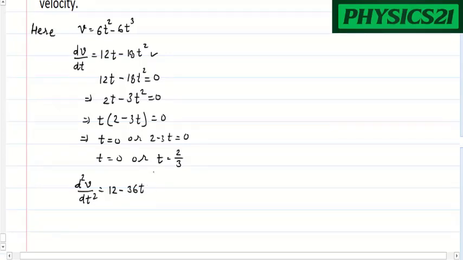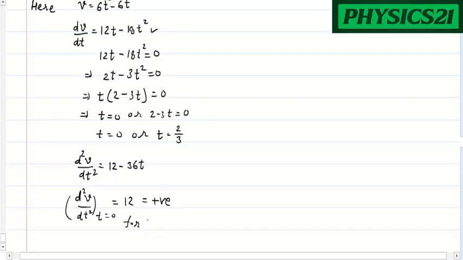Now we will substitute in place of t, 0 and then 2 by 3. For t equal to 0, the value of d2v divided by dt squared will be 12. This is positive, which means for t equal to 0, the velocity will be minimum.